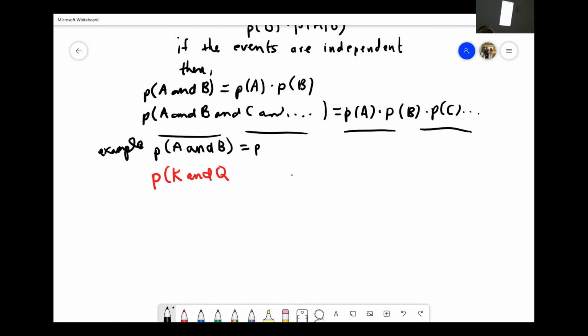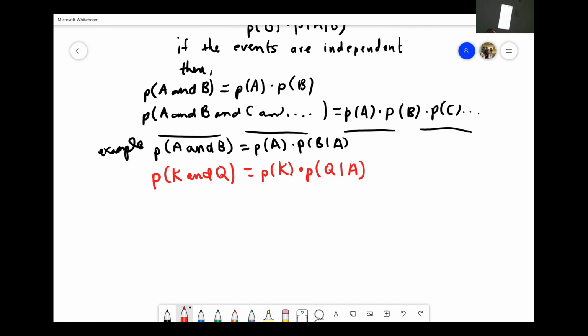And I would write that's probability of A times the probability of B given A. And then you would write, okay, Mr. Coso, you're asking for a probability of king and queen. And you write, okay, that's going to be the probability of king because king is taking the place of A. And you write Q given A.